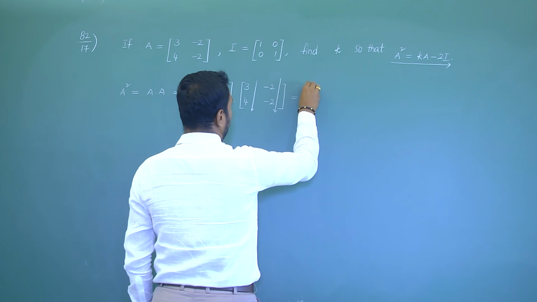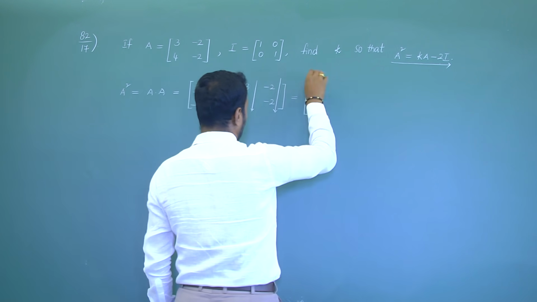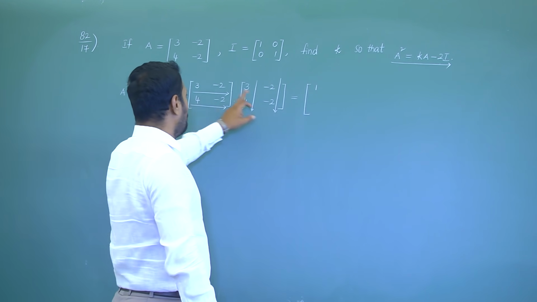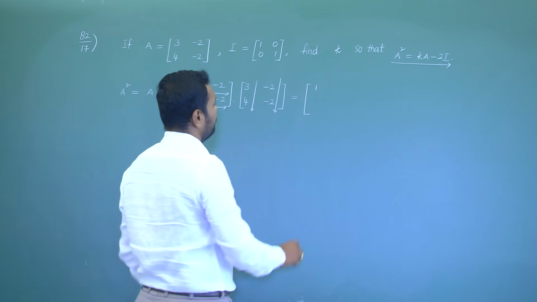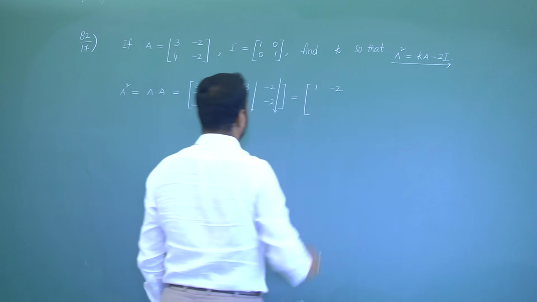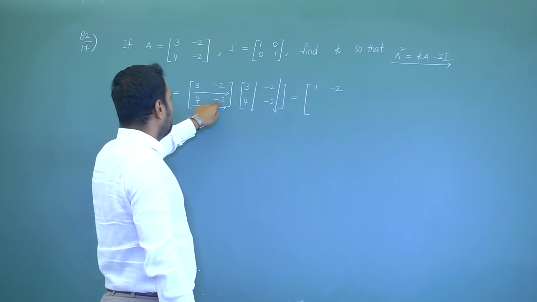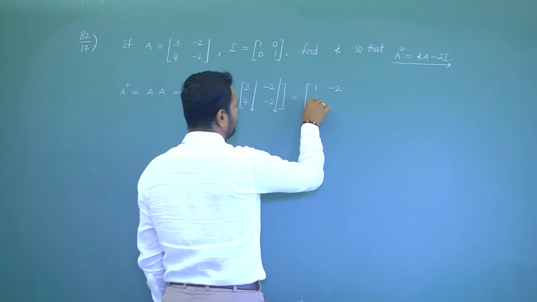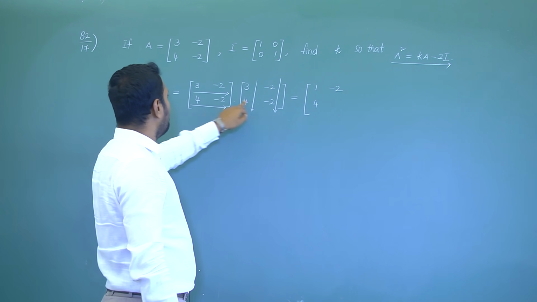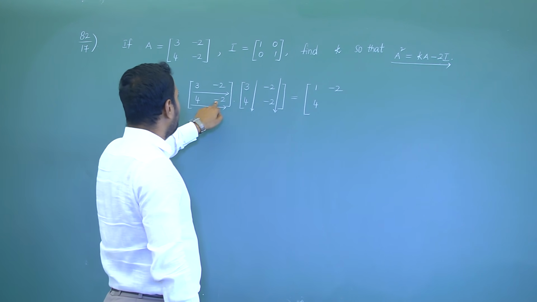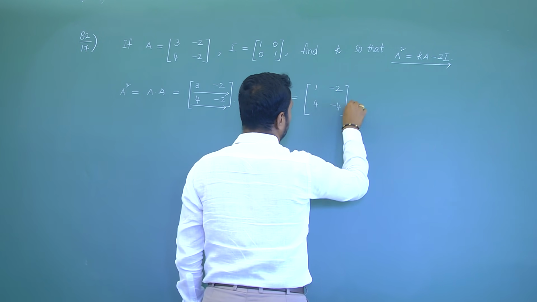If you multiply, 9 minus 8, directly I am doing 1. First row, second column element, minus 6 plus 4, minus 2. Second row, first column element, 12 minus 8, 4. Second row, second column element, minus 8 plus 4, it is minus 4.